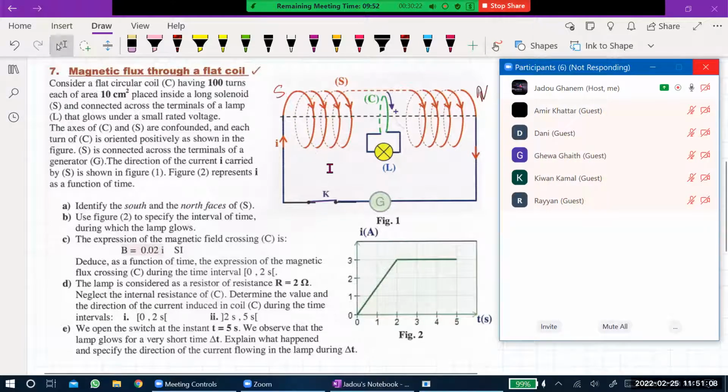I'll wait a little bit for that. Can you repeat please? Yes, I will just repeat the question. The generator G is connected to the red solenoid S and not to the green solenoid. So how is the lamp glowing?